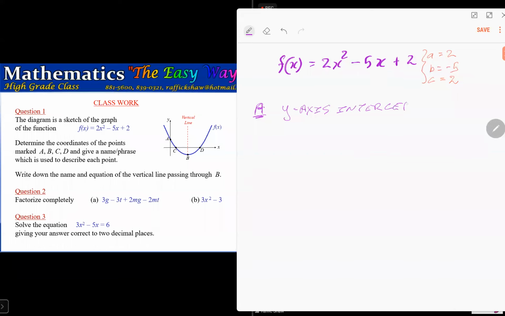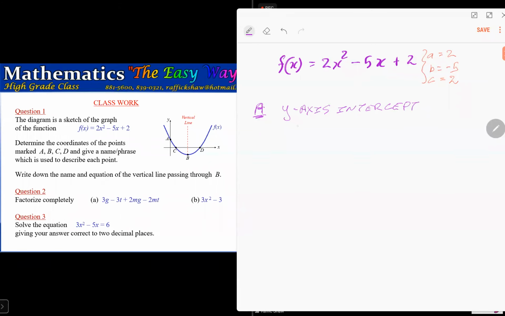You have to look how this word is spelled. It's not intersect. It's a point of intersection, but the word is intercept. You have to spell it correctly. If you don't write the right thing in the exam, you're not going to get the marks. So it's a y-axis intercept. It's where the curve intersects the y-axis, but it is called an intercept.